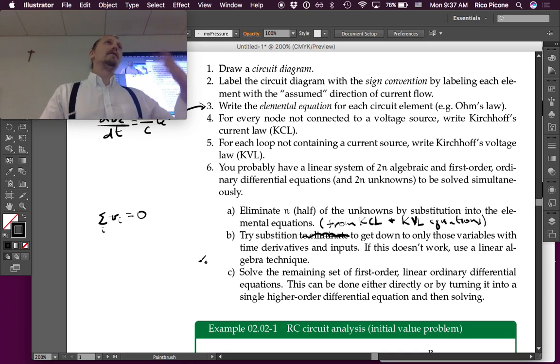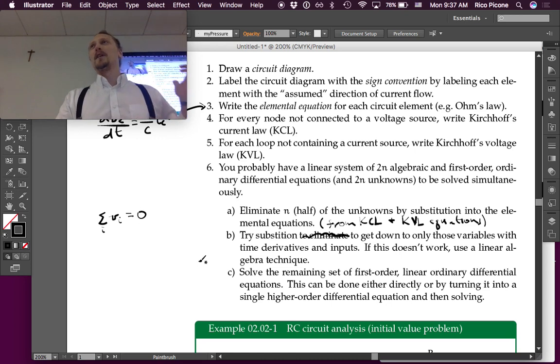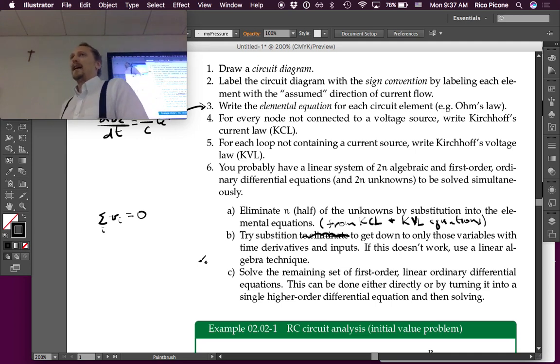You could use Gaussian elimination. You guys have been working with systems of linear equations for a long time. The fact that some of them are derivatives actually does not have any bearing on eliminating variables. You can use the same exact methods you've always used.